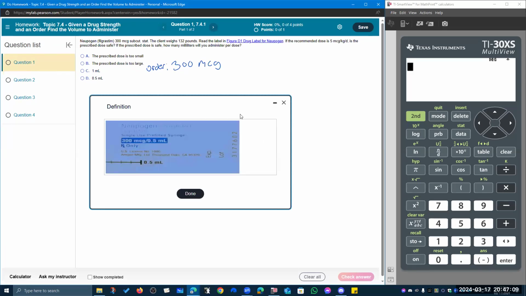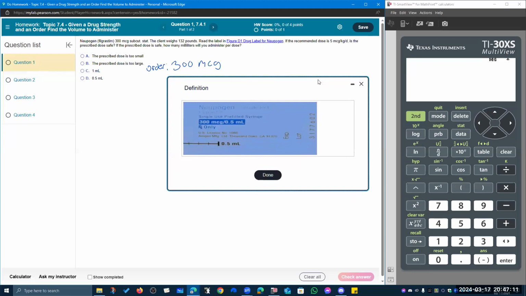It says that the concentration is 300 micrograms per 0.5 milliliters.